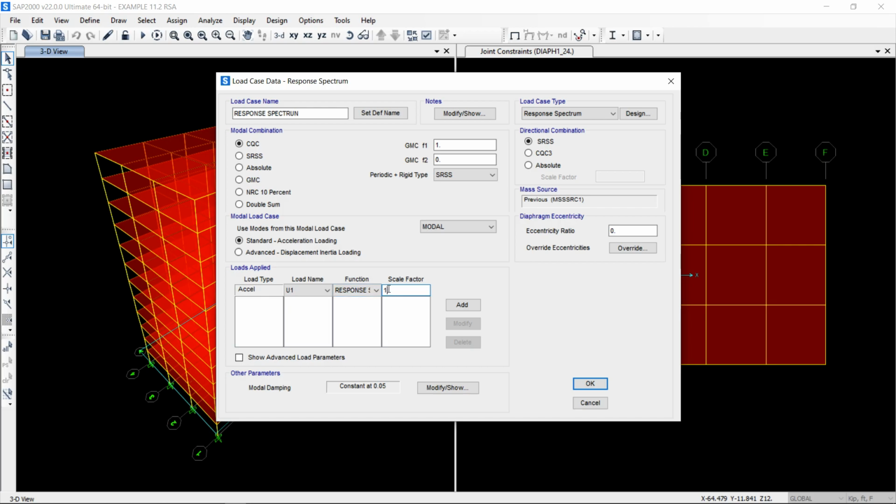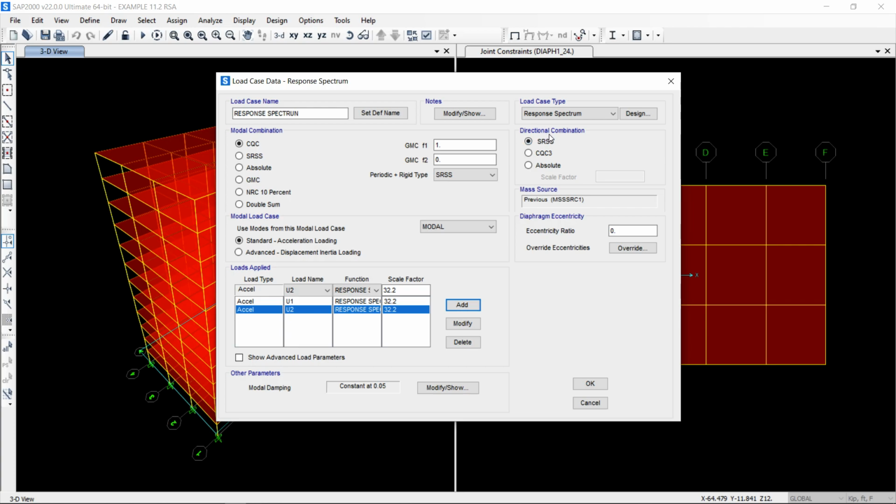If we put a value of 1, then again it will be a ratio of g, not the actual acceleration in feet per second square or meter per second square. We are using the FPS system, so we shall be using feet per second square. That means our modal acceleration should be 32.2 feet per second square. In U1 direction we will add, and then again in U2 direction we will add. Modal damping will be 5%, this is correct.